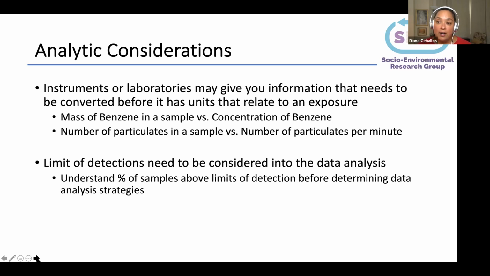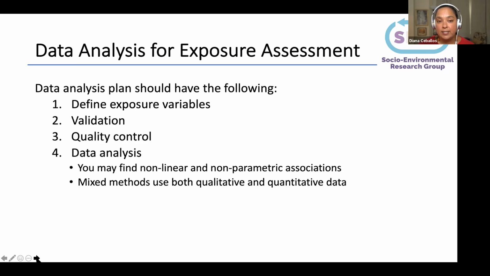And if you have a high number of samples that are not detected, then you may need to be thinking very carefully on how to analyze that data, because it becomes a little more complicated as it doesn't abide by the traditional descriptive statistics and other statistics.